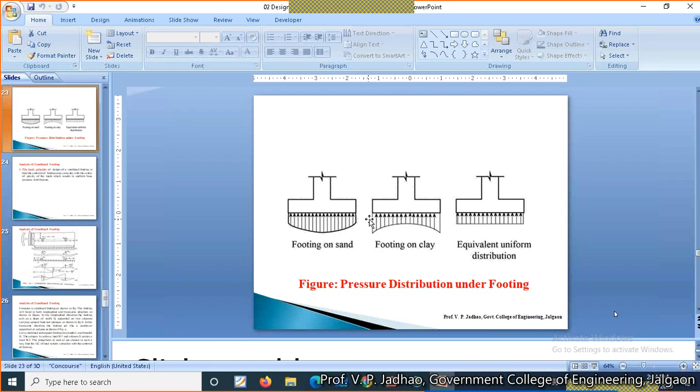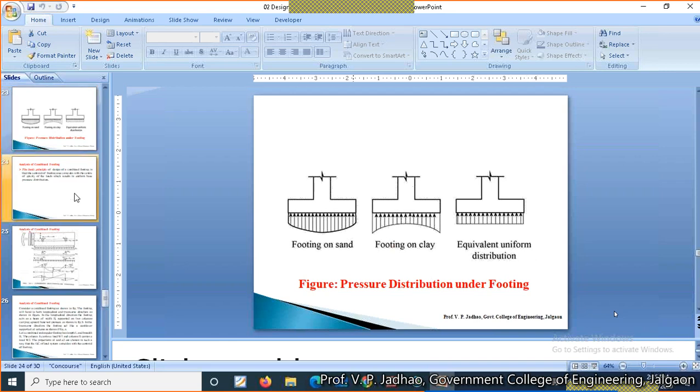The first figure is for sand only, that is, non-cohesive soils, whereas the second distribution is for clay soil, that is, cohesive soil. If we have sandy clay, the pressure distribution will be different. If we have silty clay, we'll have some different pressure distribution. Therefore, for simplicity, we are just considering the pressure distribution as uniform.